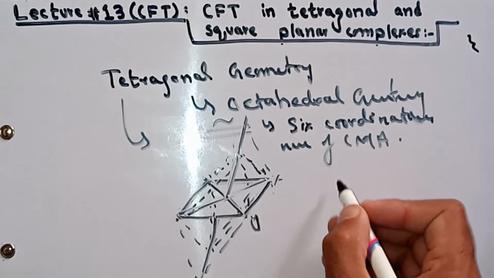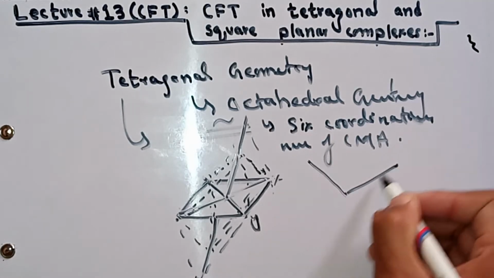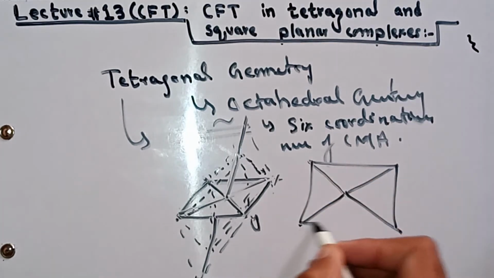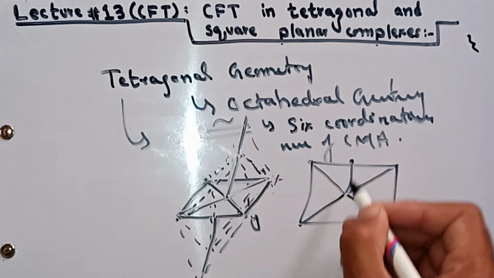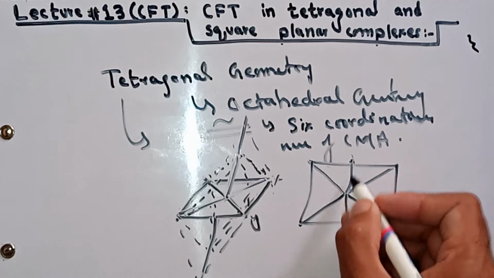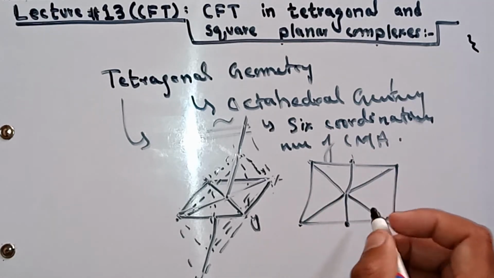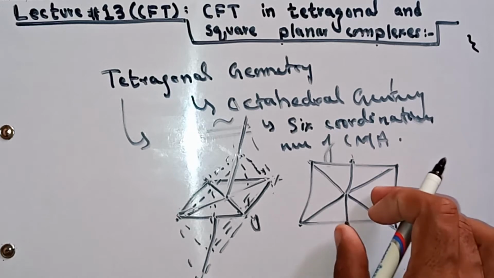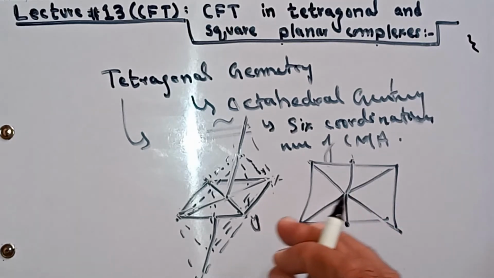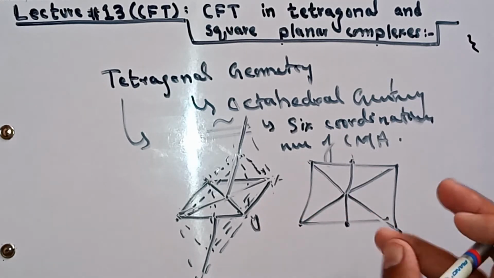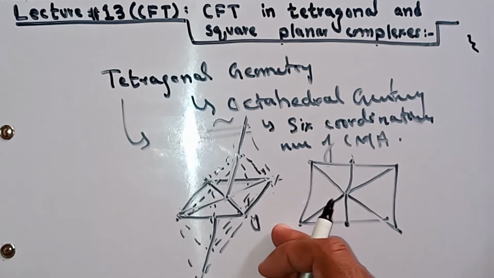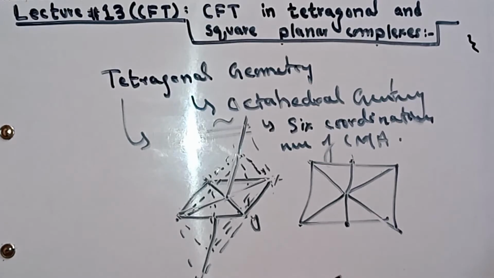Or if the axial bonds are shorter while the equatorial are larger, it will also be called tetragonal, because in octahedral all the bonds are the same, while in tetragonal four bonds are the same while two are different from the four. Means the axial bonds and equatorial bonds are different in a tetragonal complex.